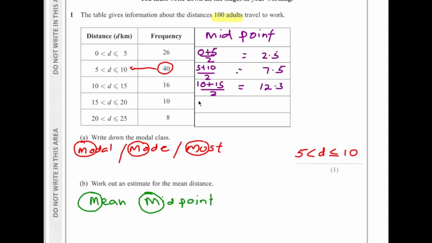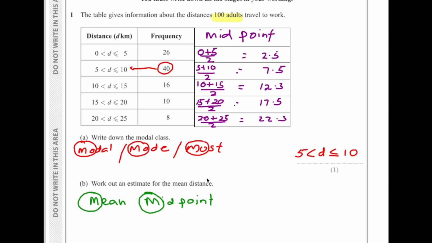Fourth one, 15 plus 20 divided by 2 becomes 17.5. 20 plus 25 divided by 2 is equal to 22.5. So we now have all the midpoints.